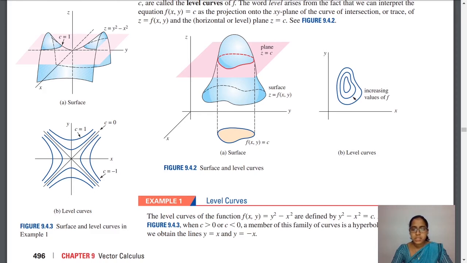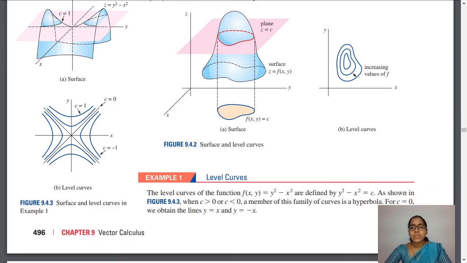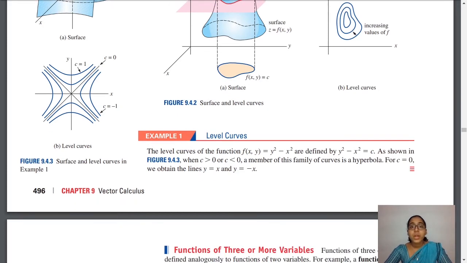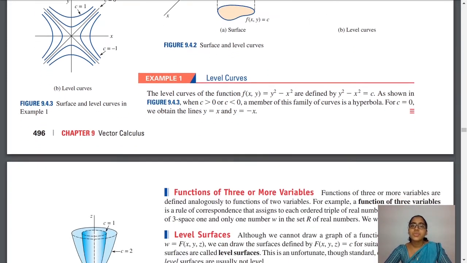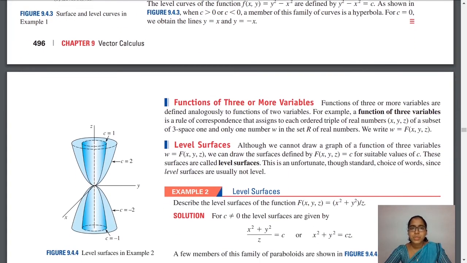And if c is 0, y square minus x square will be equal to 0, that is, y square is equal to x square. So we get y equal to x or y equal to minus x. This is how we find the level curves of a given function. We just have to equate the given function to c, whatever value is given to us.